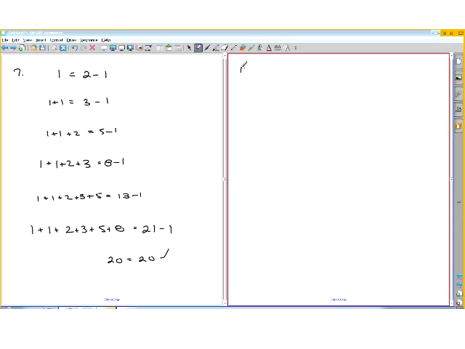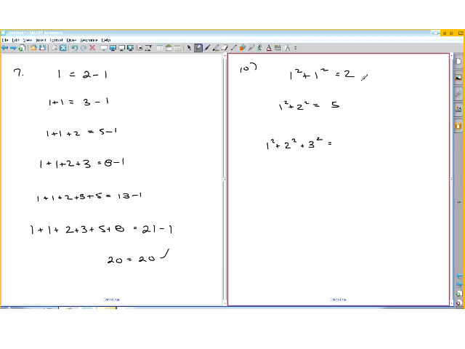Okay, let's do number 10. Number 10 says 1 squared plus 1 squared equals 2. Then 1 squared plus 2 squared is equal to 5. The next term in the Fibonacci sequence would be 3.